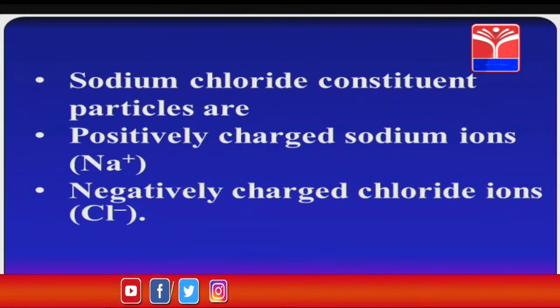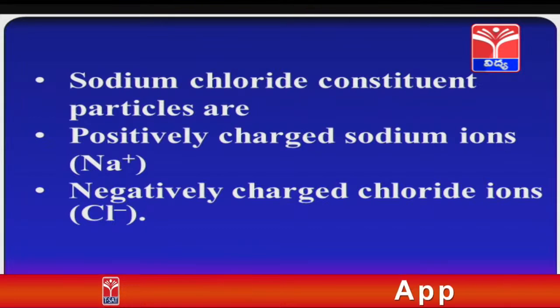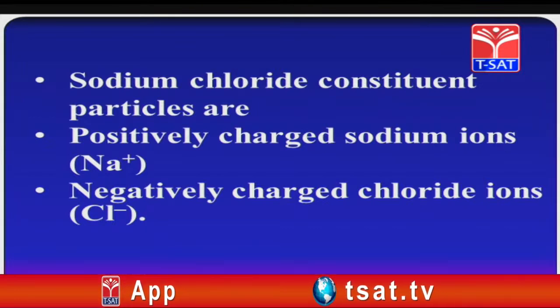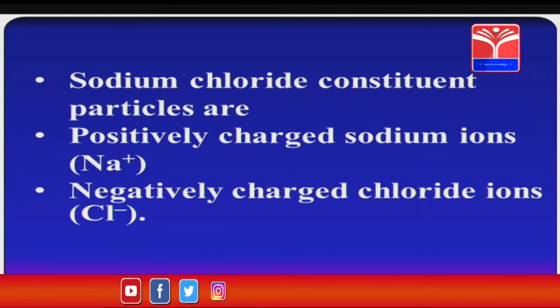Some more examples of ions, children: sodium chloride, if it is dissolved in water, splits into Na+ ion and Cl- ion. Sodium lost an electron and forms a positively charged sodium ion, and the chloride ion is formed as a chlorine atom has gained a negatively charged electron from sodium, and now it is called a chloride ion.